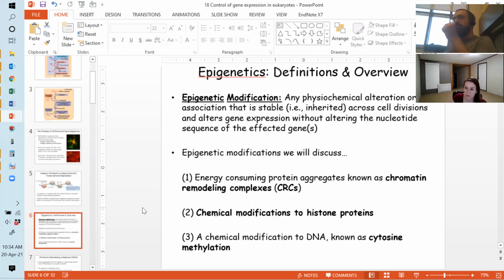Now, there's two really neat things to think about here. One is identical twins. I think I've mentioned this before. Identical twins start off being really identical. They have exactly the same DNA. You can't tell them apart if they dress the same and have the same hairstyle.